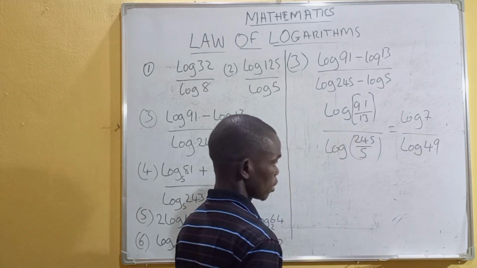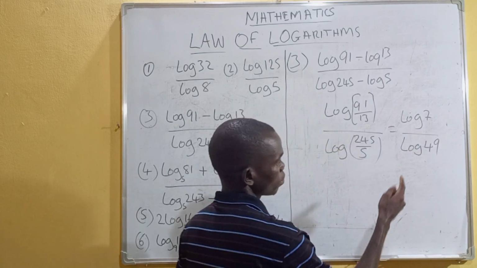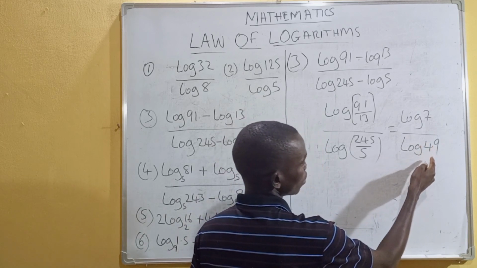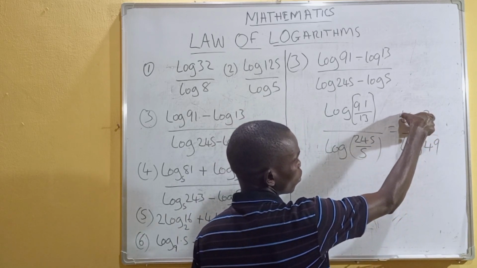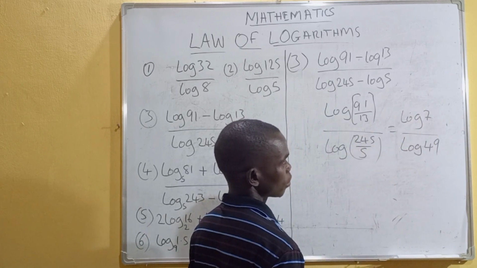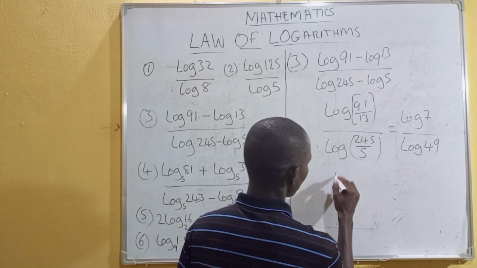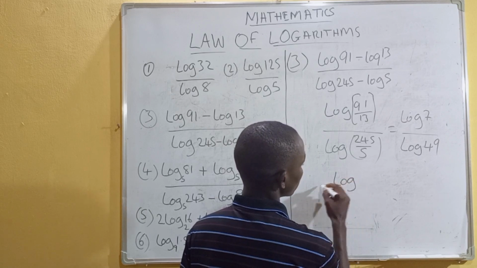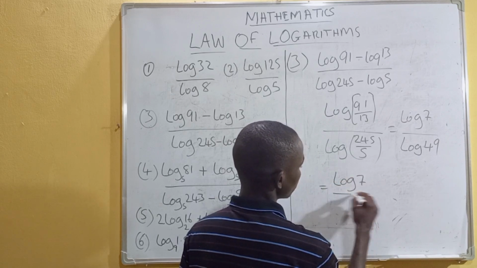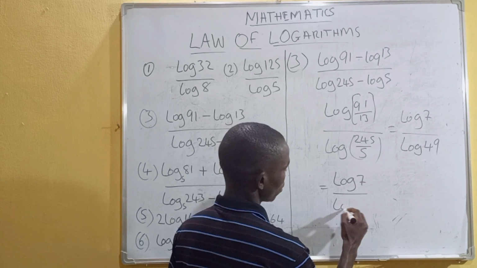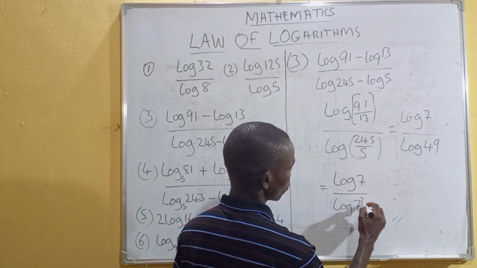Now, we can simplify this to have the same log number as the numerator. So this will now be 7 squared, which will now be log 7 divided by log 7 squared.